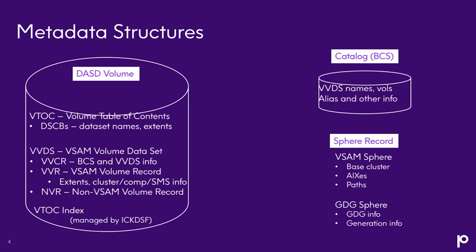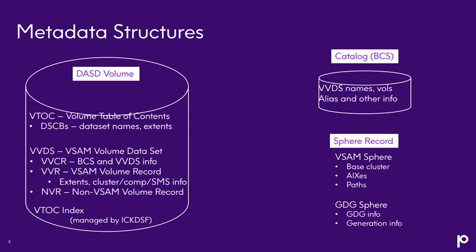And in fact, within the BCS, you might have a couple of different types of what IBM refers to as sphere records, which are sort of composite records that tell us about types of data sets that have more than one component. So there's a VSAM sphere record for every VSAM data set that tells us the base cluster name.